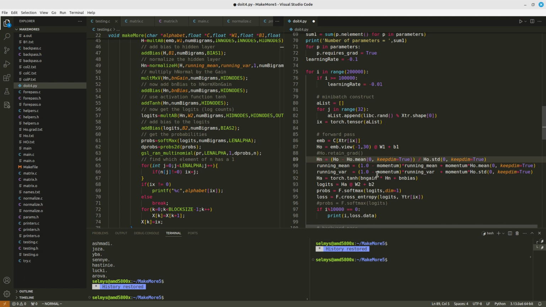And the running variance is the same kind of thing. And again, we're only keeping track of these two values just so we can use them when we're producing more names.